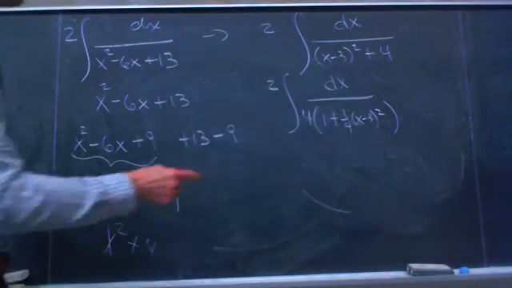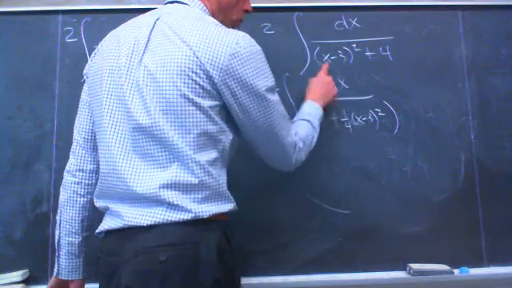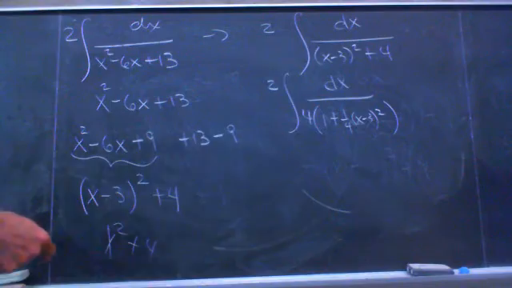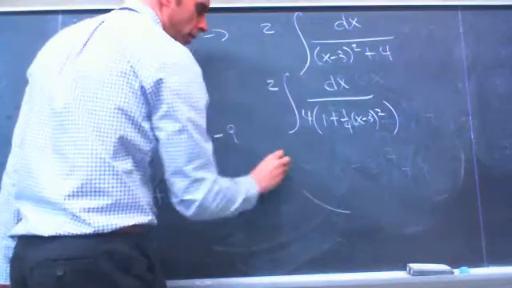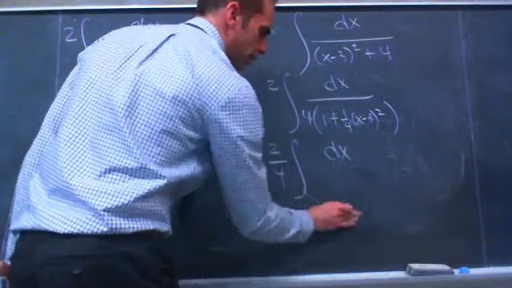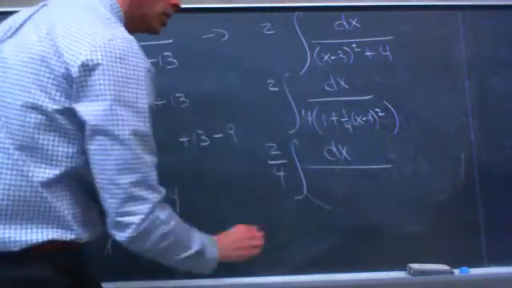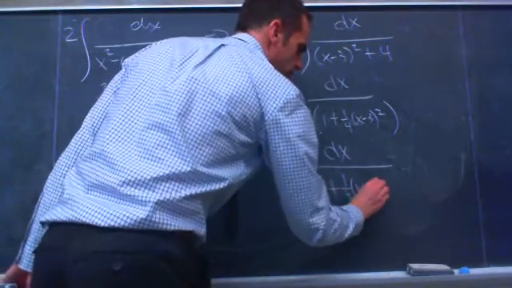So now I get 4 times 1 is 4. 4 times 1/4 is 1, (x minus 3) squared. This is really 1/4 in the bottom. Well, it's really 1/4 right here. So just put that in the front. And now I have dx over 1 plus 1/4 (x minus 3) squared.